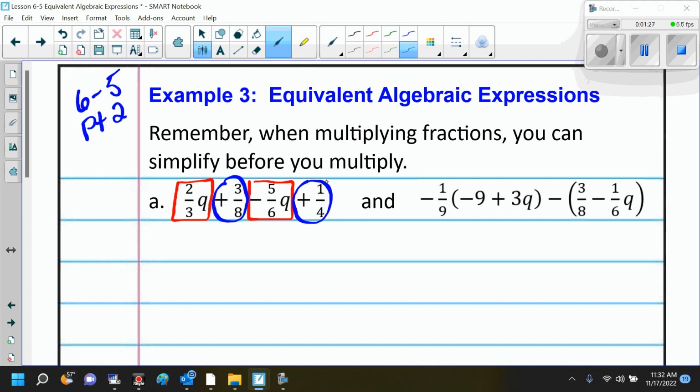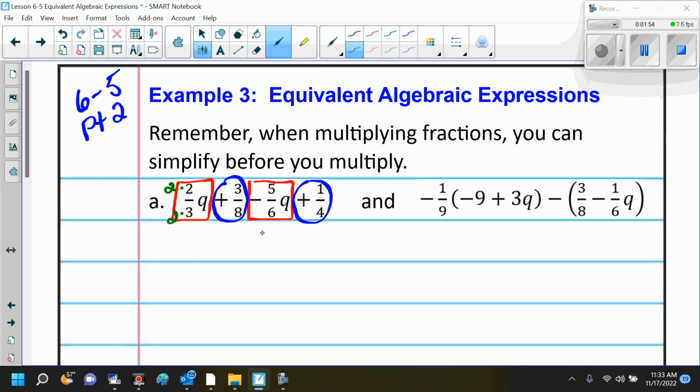Now, when we're combining those like terms with fractions, what do I need to make sure I have? I need to have a common denominator. So, what is the common denominator with 3 and 6? 6. So we're going to multiply times 2 here and times 2 there.